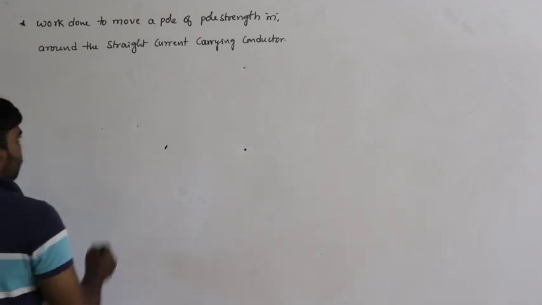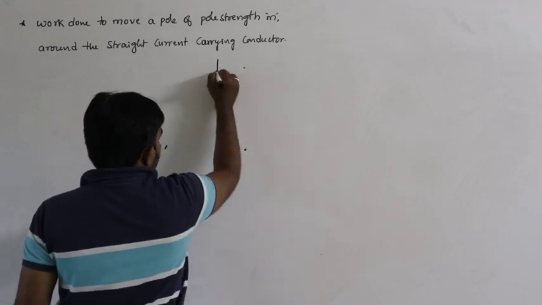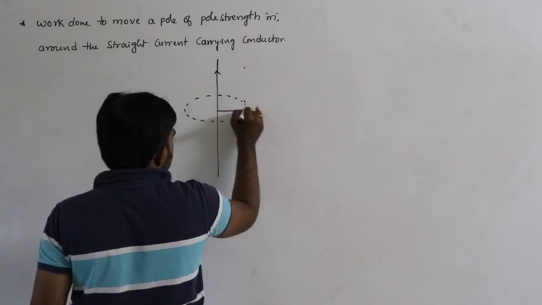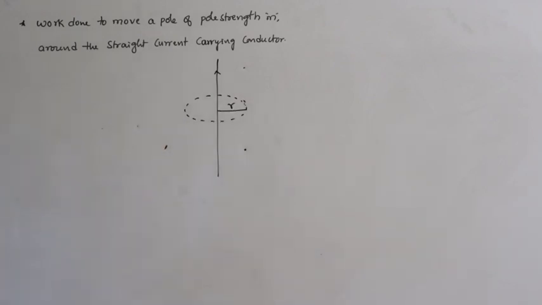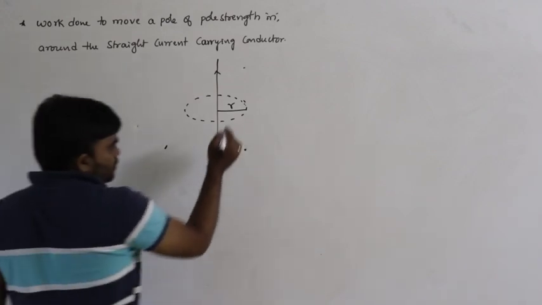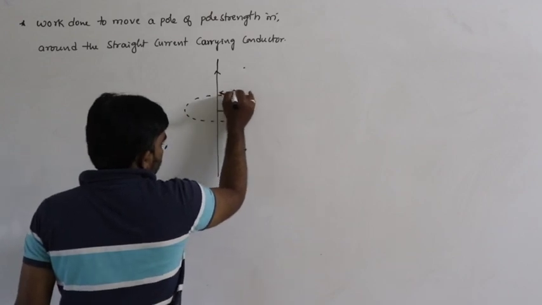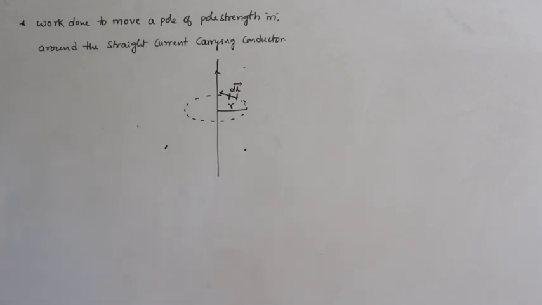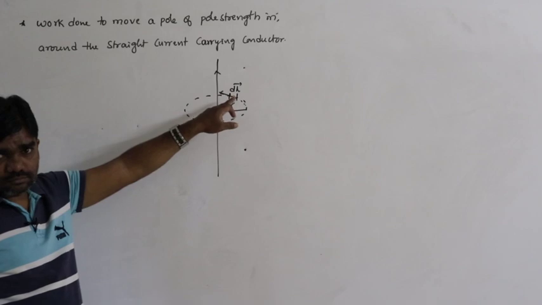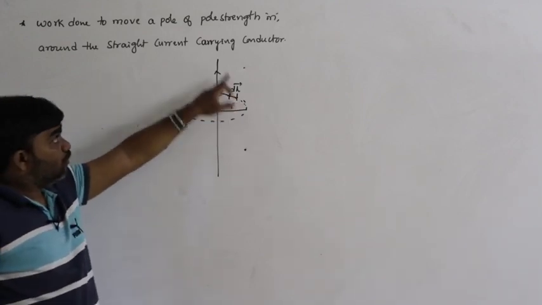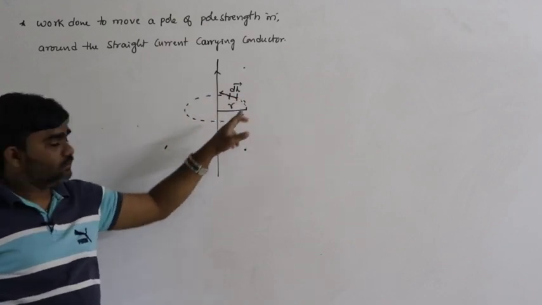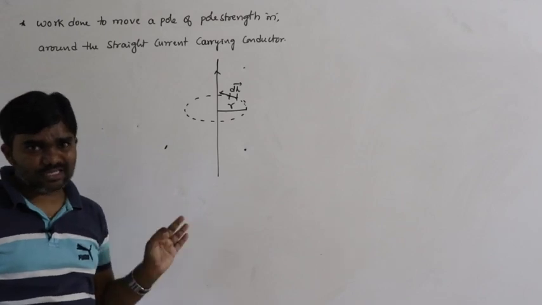See here. So this is the straight current carrying conductor. For this I have to assume an Amperian loop of radius r. For example, if you want to move it through a small length dl bar, work done to move the pole of pole strength M around the straight current carrying conductor, that is our task.